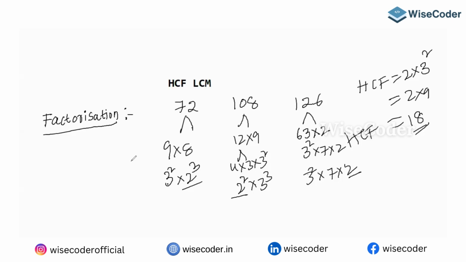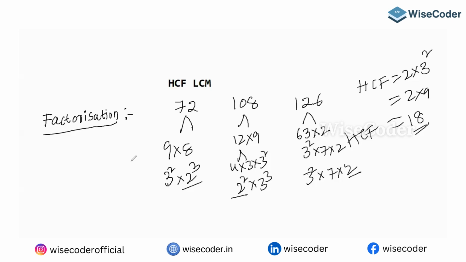So don't take the highest power as common. If you take 2 cube as common, it will not divide 2 square. But if you take the least one, 2, that will divide all of them, because the concept is factorization. The approach is the highest power of primes that divide all the numbers.